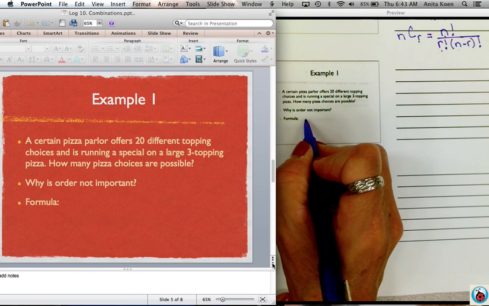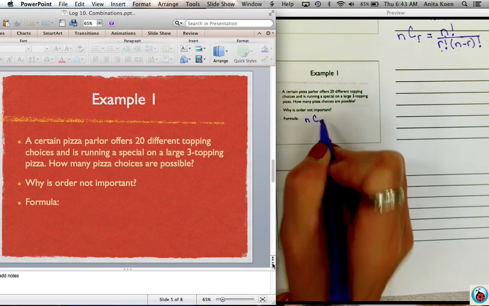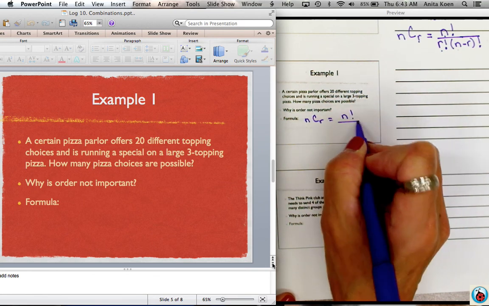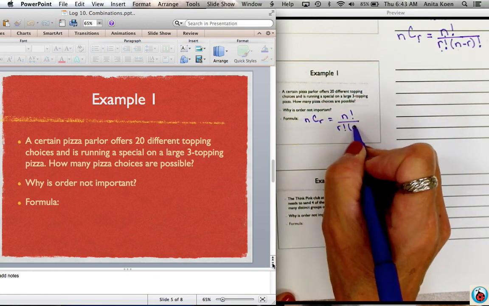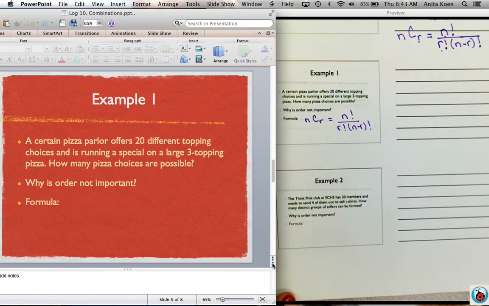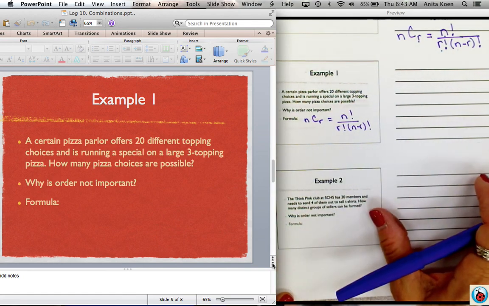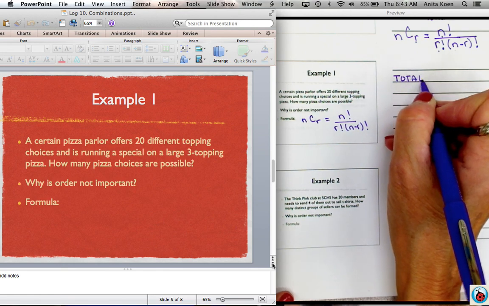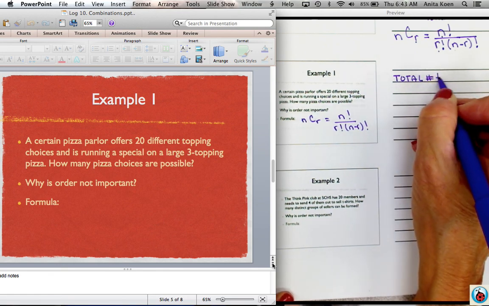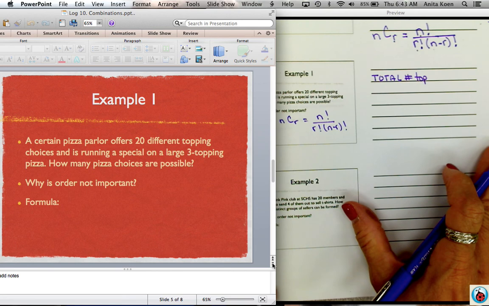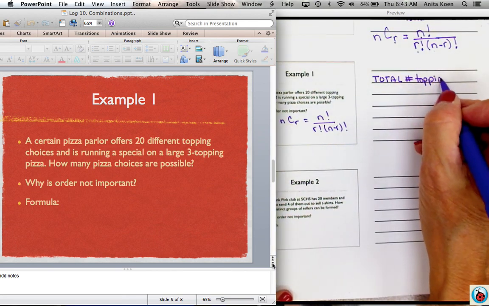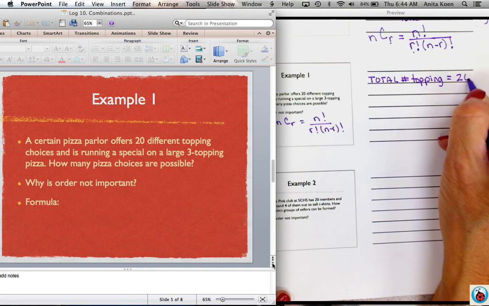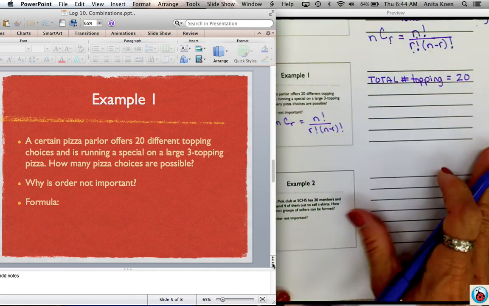What formula are we going to use? We're going to use NCR. And NCR is n factorial over r factorial times n minus r factorial. First thing we need to do is find out how many toppings we have to choose from. The total number of toppings, according to our problem, there are 20 toppings that we get to choose from.